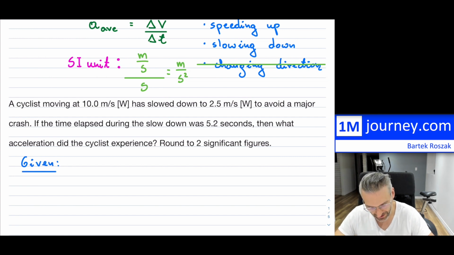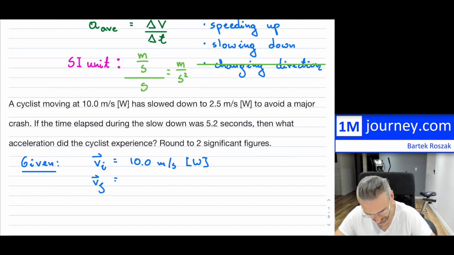Then the cyclist slows down to 2.5 meters per second, still going west, so in the same direction, to avoid a major crash. So we would have our initial velocity, which is 10 meters per second west. Slowing down, our final velocity is 2.5 meters per second, still west.